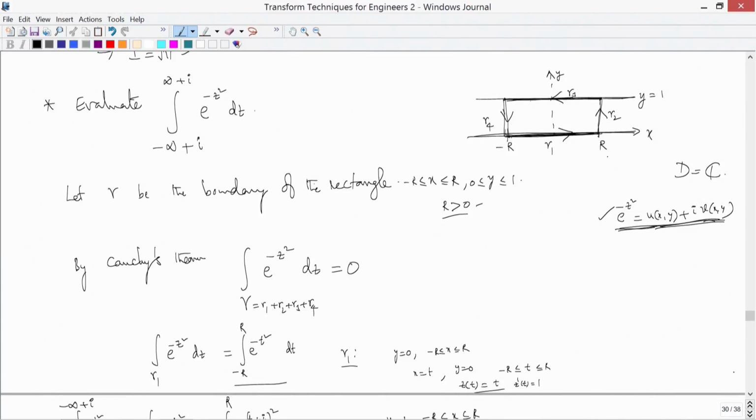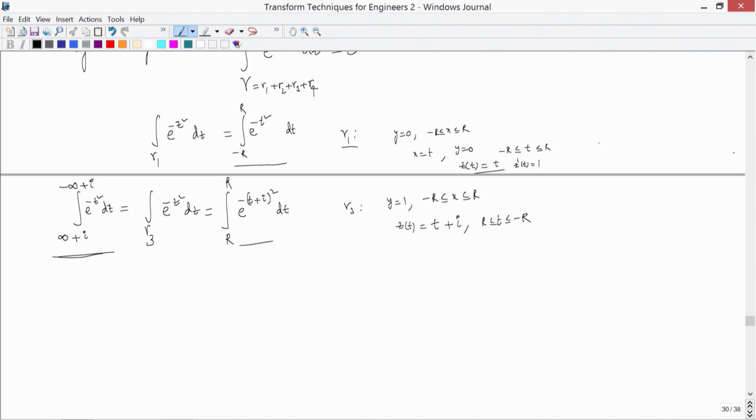Now, if you try to do gamma 2 and gamma 4, what is this one? Over gamma 2, e power minus z square dz. This is gamma 2. If you look at gamma 2, that is let us say x equal to r, capital R, y is between 0 to 1.